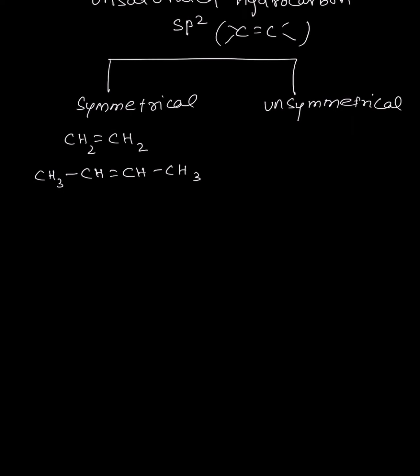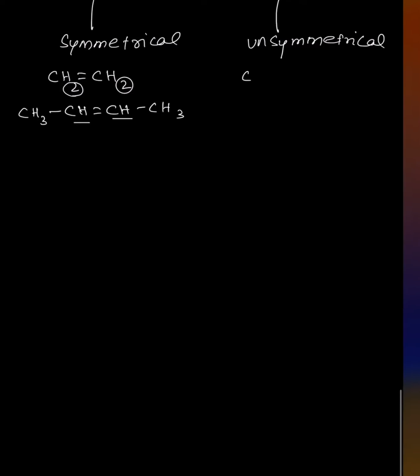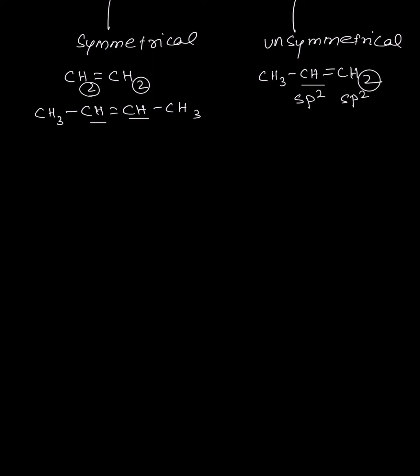But in case of unsymmetrical alkene, we get a different number of hydrogen atoms on the sp2 hybridized carbons. Then we can decide the site where to attack. So this is an example of an unsymmetrical alkene.